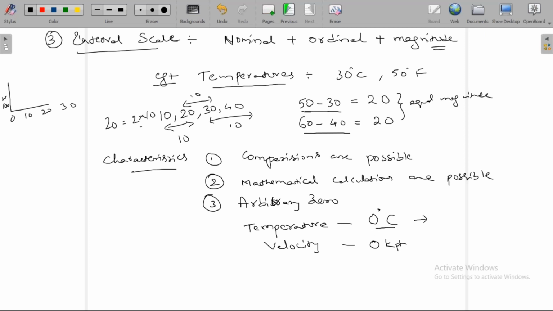And finally, very important, is the ratio scale. Whenever I talk about a ratio scale, it contains absolute zero. Ratio scale is the kind of measurement which contains absolute zero.